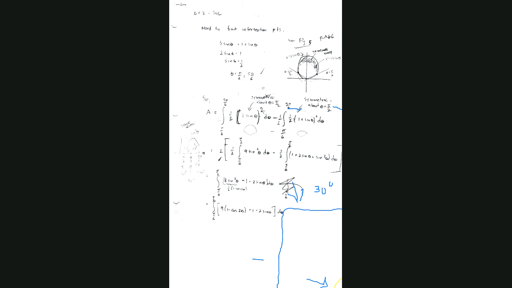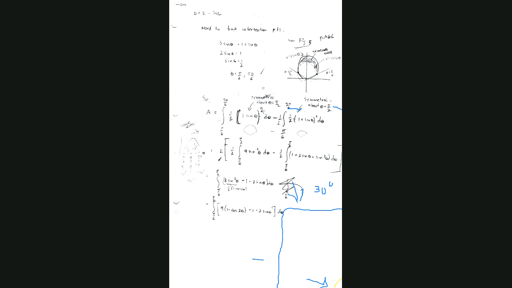That's 3 times the sine of theta quantity squared. That's 9 times the sine squared of theta. And I could then substitute a trig identity for the sine squared of theta, which would be (1 minus cosine 2 theta) over 2, and then integrate that from pi over 6 to 5 pi over 6 and get an answer. That's fine. I can do that, and I can do something similar for this right integral.